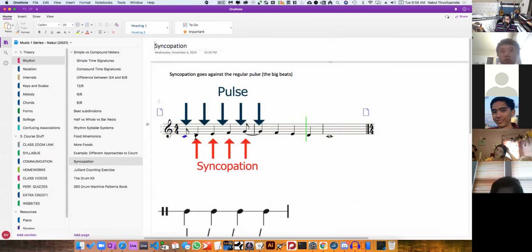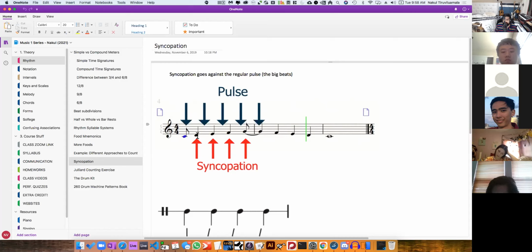This particular beat enters right here between these 2 big beats and is sustained through the note. It starts on an offbeat. The event starts on an offbeat, meaning it doesn't start on one of the big beats. It's held throughout the length of a big beat.